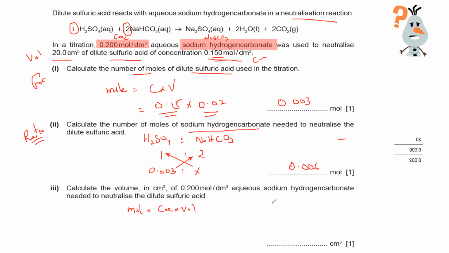Now to get the volume here, we have the moles of sodium hydrogen carbonate, which is 0.006. The concentration is given, 0.2, and the volume is unknown. If 0.2 is multiplied on one side, it will be divided on the other side. So 0.006 divided by 0.2, what is the answer?